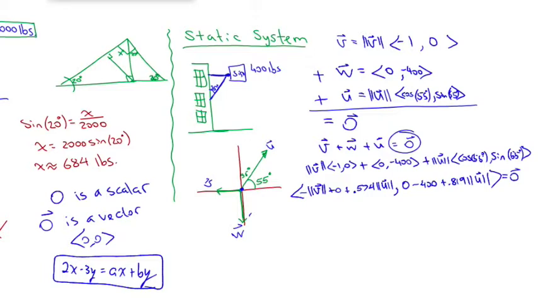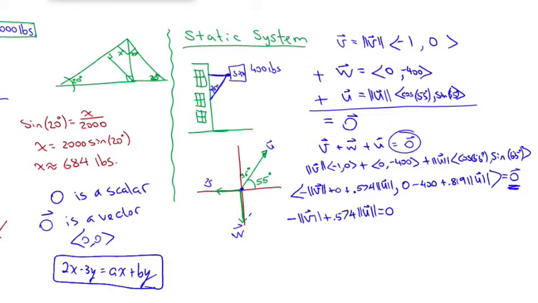The first component on this side is this ugly mess. The first component of the 0 vector is 0, so they have to be the same. They're equal. So you get negative magnitude of v plus 0.574 magnitude of u has to equal 0.